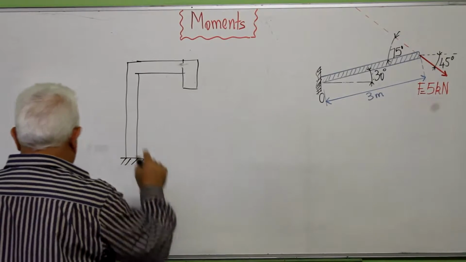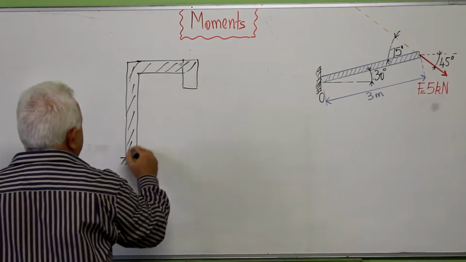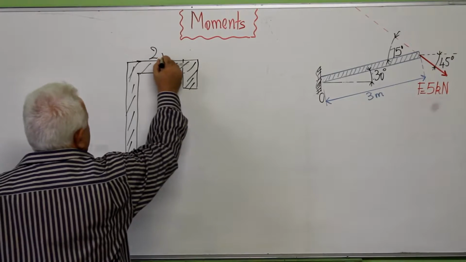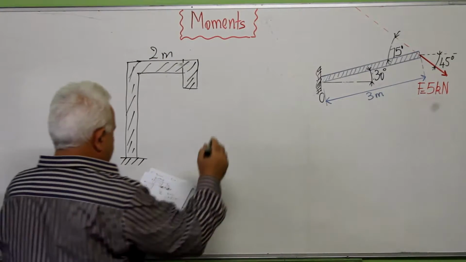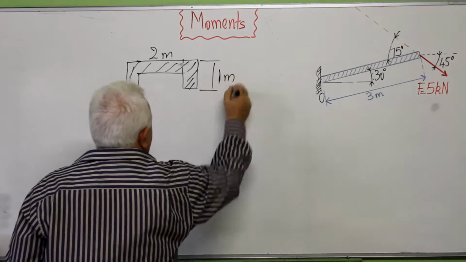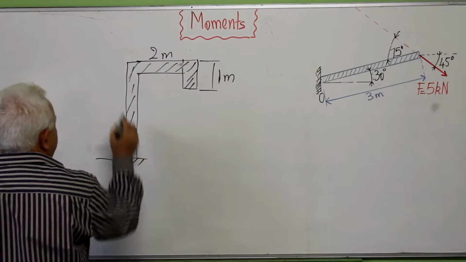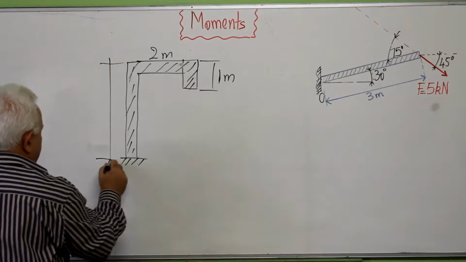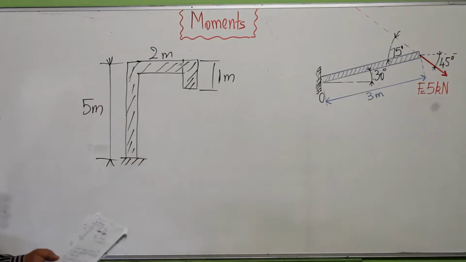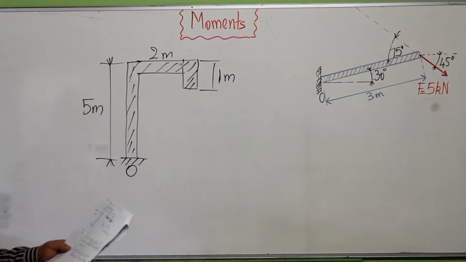Suppose my body is like that, in which I have 2 meters here, from here to here 1 meter, and from here to here 5 meters, and I am asked to calculate the moment of a force.